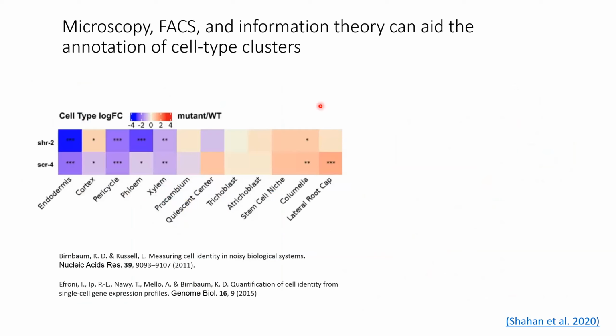So in this example, they use these sets of genes generated from previous microscopy studies to score the composition of cell types across their experimental conditions. So here they're just plotting the relative abundance of different cell types in mutant conditions relative to wild type, so that the authors can measure how cell type abundance changes as a function of the expression of these interesting transcription factors.